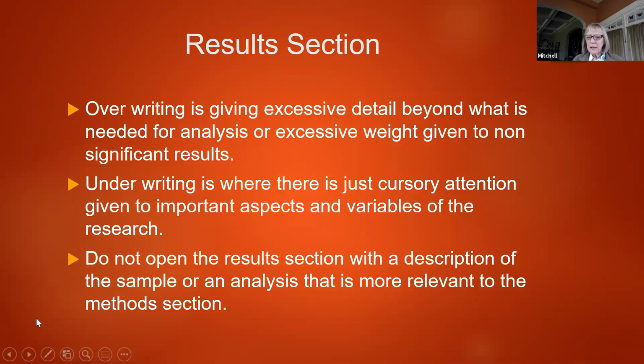Okay, that's great. And the other thing that you want to include when you're thinking about the results section is any missing data. You want to provide details about missing data because that information may have an effect on the interpretation of your results.